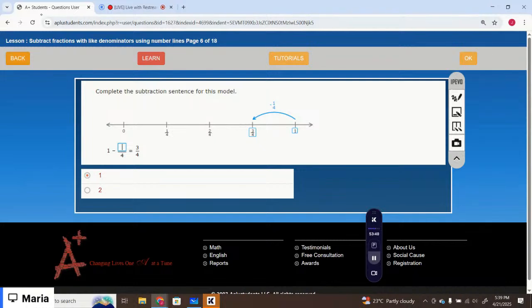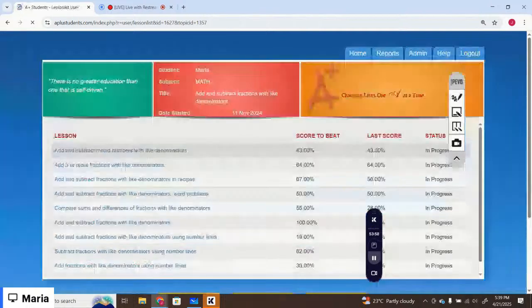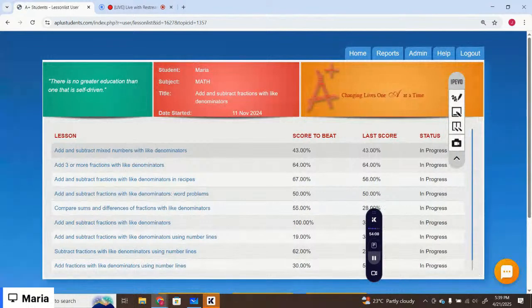Okay, you can complete the lesson by yourself today. So we were working on grade 4 math. The chapter we were working on is add and subtract fractions with like denominators.